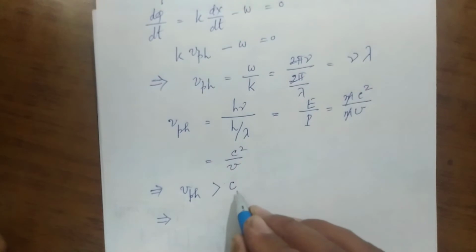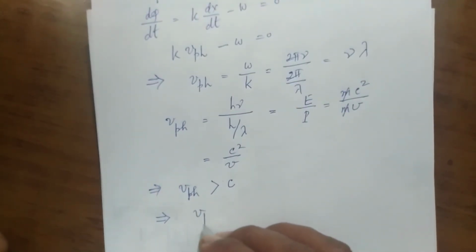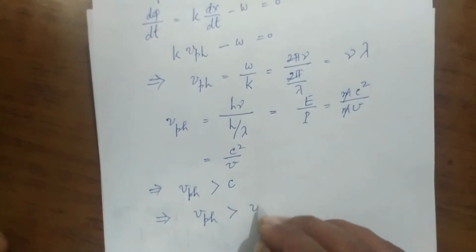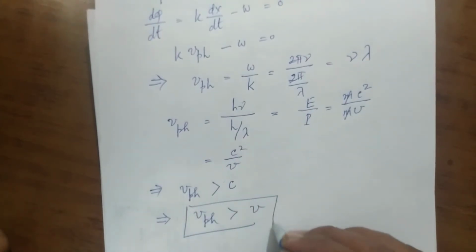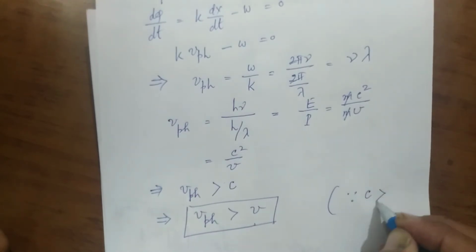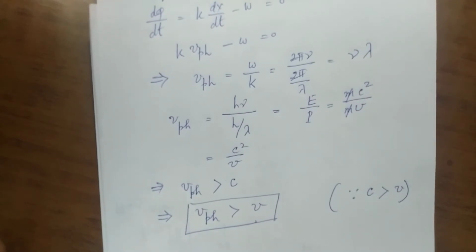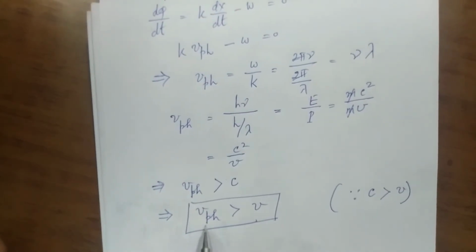Now since the velocity of light c is greater than the particle velocity, we can write that phase velocity is greater than the velocity of the particle. Now what does it mean? It means wave velocity or phase velocity is greater than particle velocity.